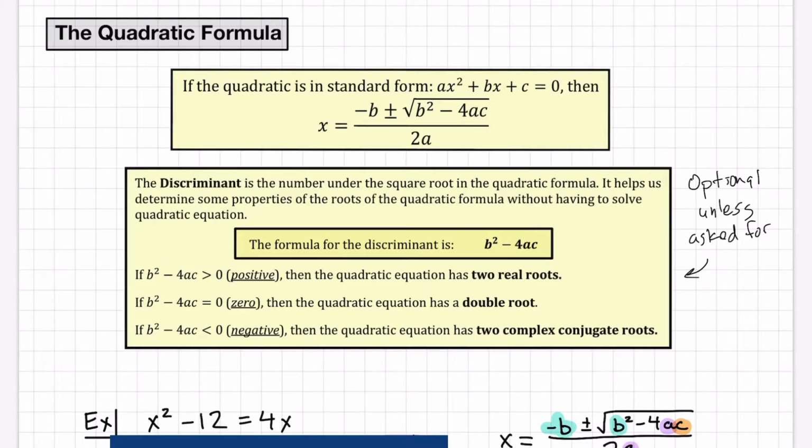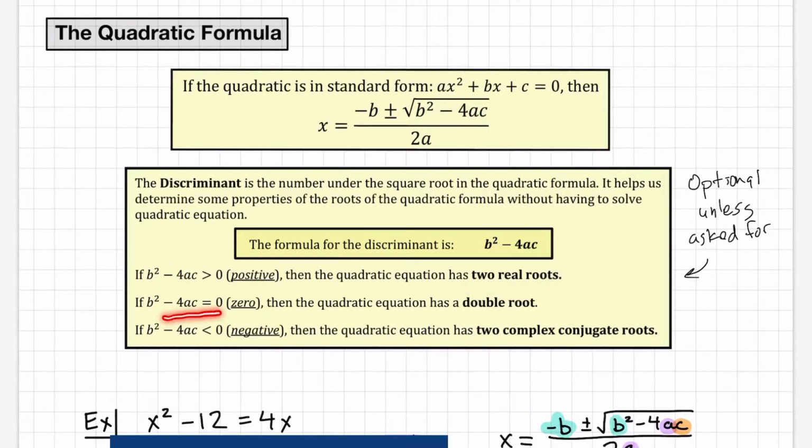There's also something you don't have to worry about, but it's something we call the discriminant. It's called the discriminant because, well, it discriminates. It puts these quadratics in their own little corner. It separates them. It classifies them. So if the discriminant, this b squared minus 4ac under the square root, is positive, then we will have two real roots.